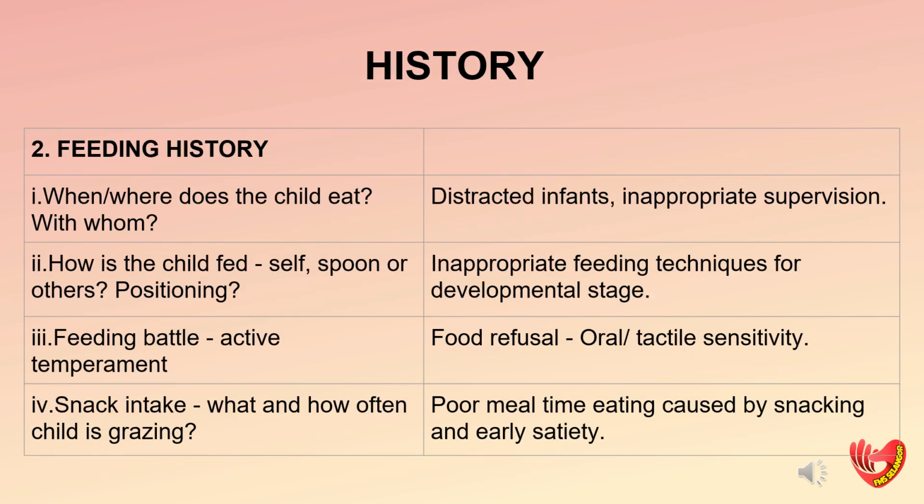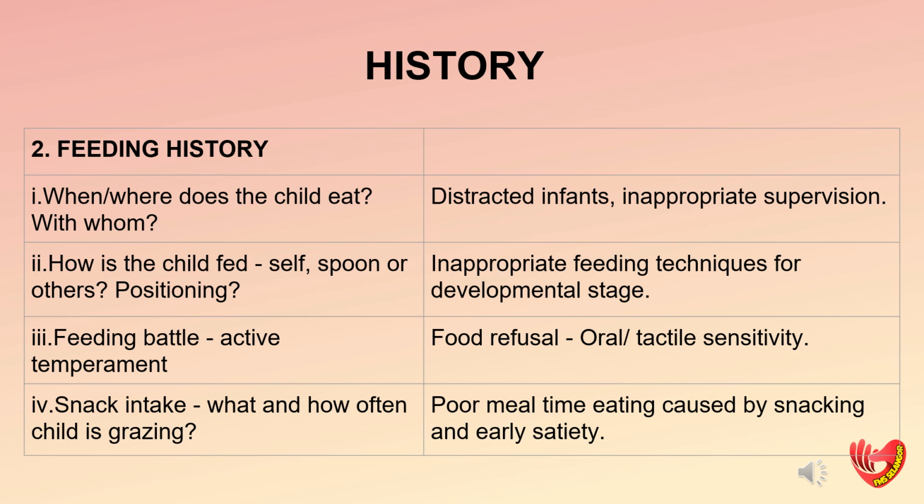Next, take a history of the child's feeding. Ask when and where the child eats and with whom. This is to look for any kind of distraction and inappropriate supervision. Ask how the child is fed and the positioning during meal times. This is to elicit inappropriate feeding techniques for their age.